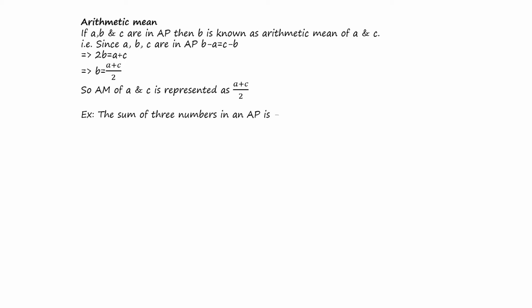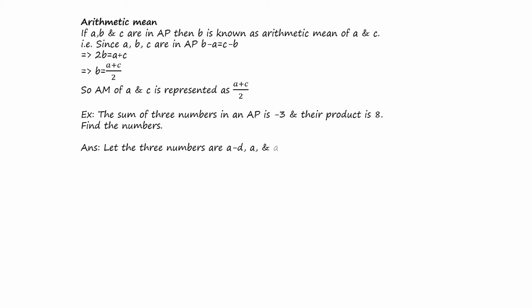Let's see an example. The sum of three numbers in an AP is minus 3 and their product is 8. Find the numbers. Let the numbers be A minus D, A and A plus D. So as per the given question, A minus D plus A plus D equals minus 3.